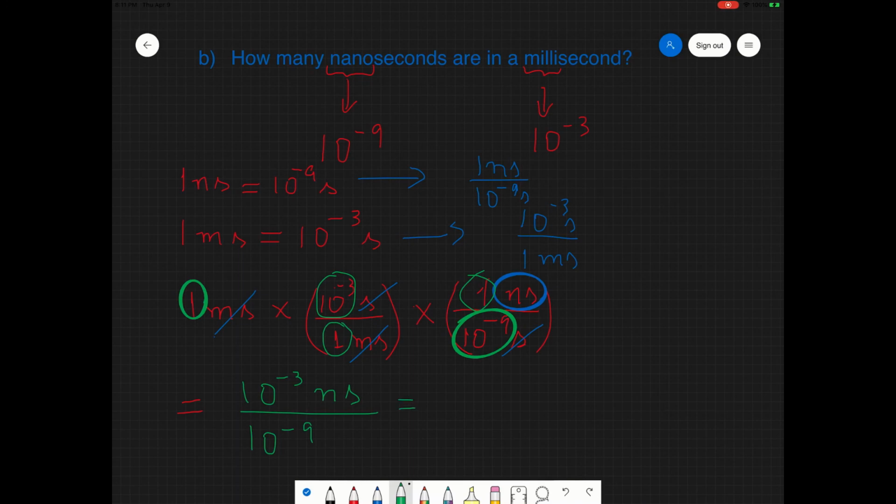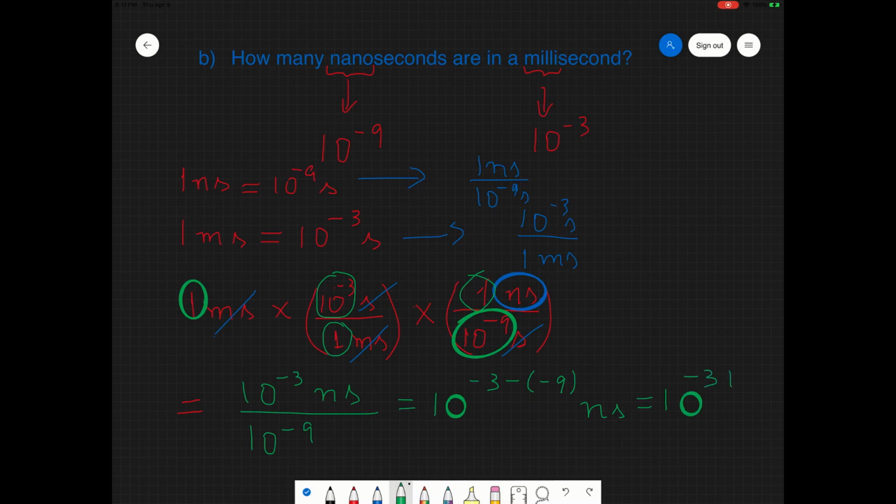Now we're going to carry on properties of exponents. For the division of powers with the common base 10, we subtract the exponents. So we keep the base, which is 10, and subtract the exponent: minus 3 minus the bottom exponent, which is negative 9. So this is in nanoseconds.